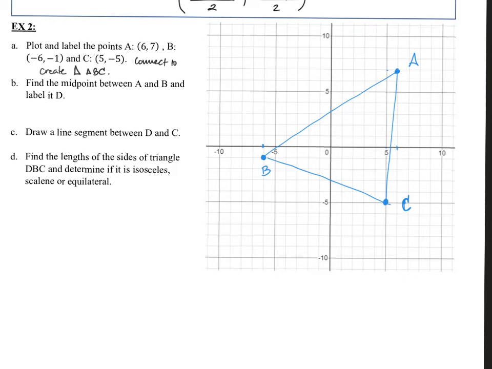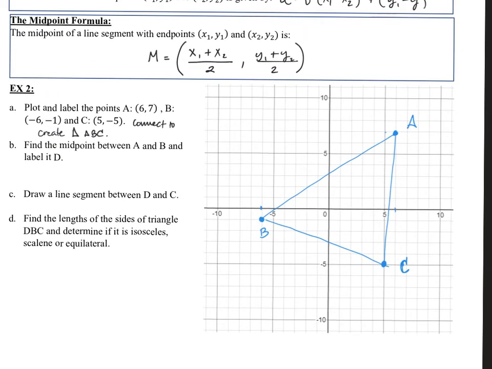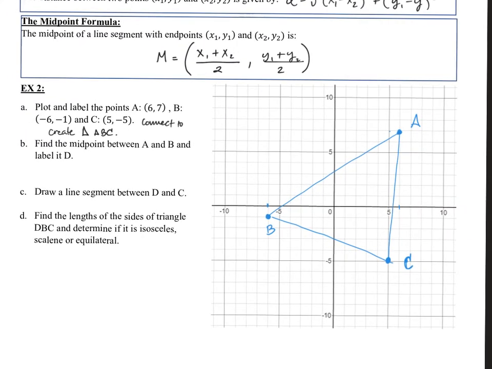Okay, how do we find the midpoint? Well, we're going to have to use this formula. Between A and B, what are the values? Here's A and that's B. So the midpoint, we're told to call it D. So D is going to equal (6 minus 6) divided by 2, and then 7 plus the -1 divided by 2.